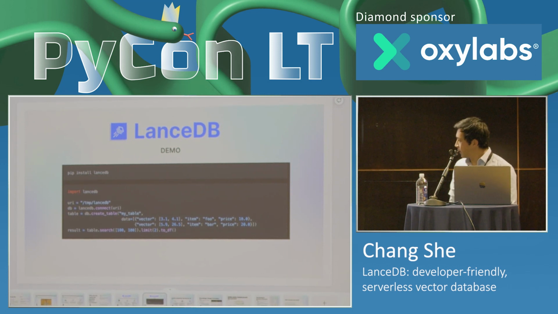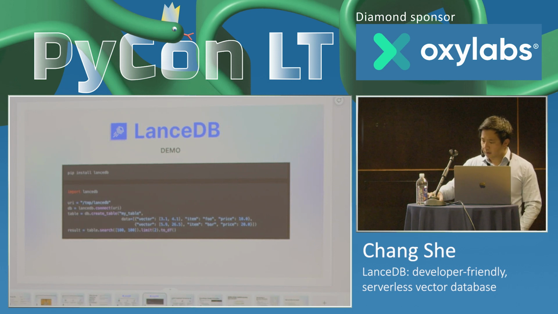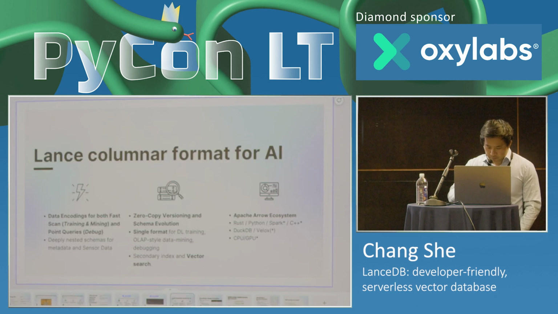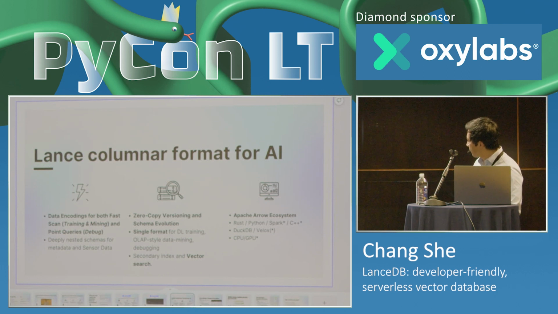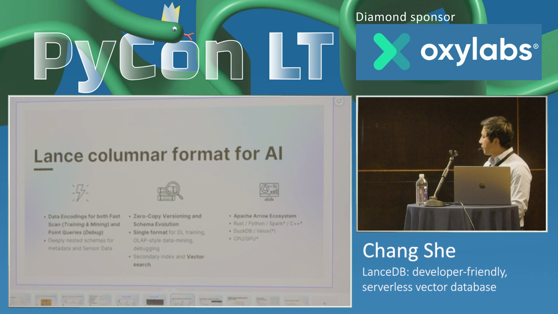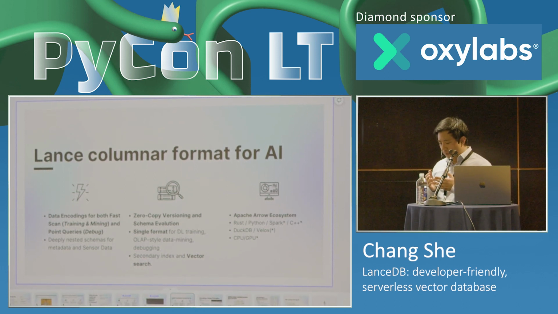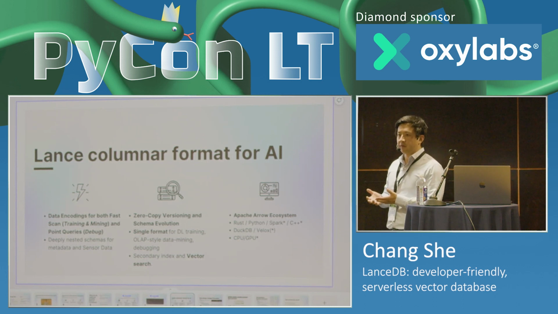We still have a few minutes, so I want to talk about how we actually implement Lance. This might have to go a little bit faster, but I'll try to stuff as many details in as possible. What I call the magic behind LanceDB is actually the Lance columnar format.